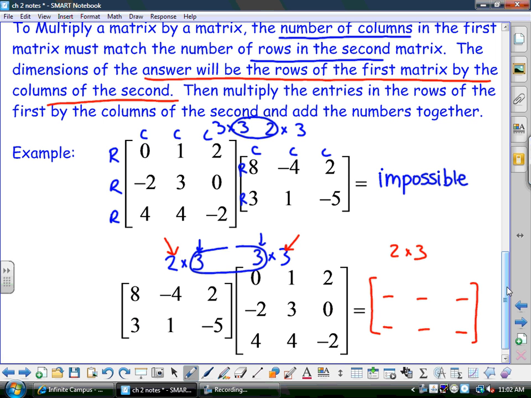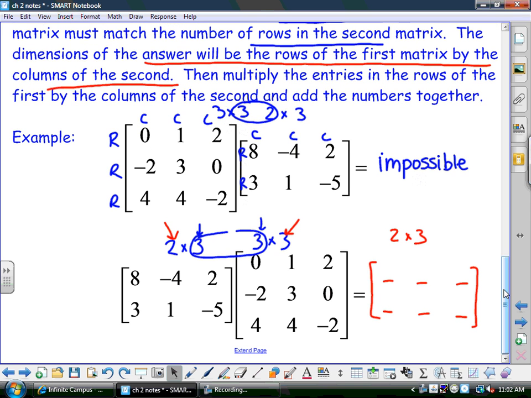So how do we actually figure out what those numbers are? We're going to multiply the entries in the rows of the first by the numbers in the columns of the second, and then add those numbers together. So if we're doing rows by columns, there's the first row, first column, and what we get will go in the first row, first column of our answer.